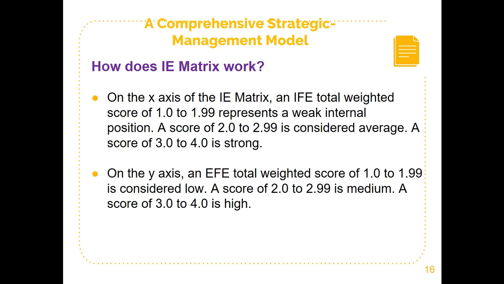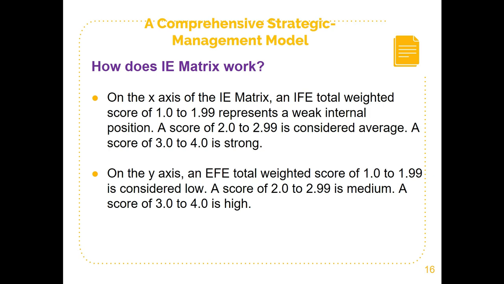So on the x-axis of the IE matrix, an IFE total weighted score of 1.0 to 1.99 represents a weak internal position. A score of 2.0 to 2.99 is considered average.